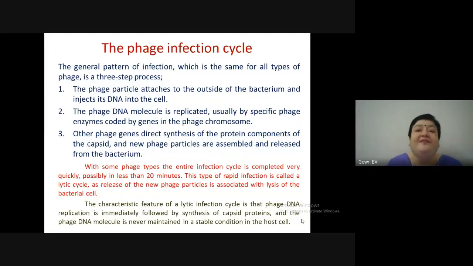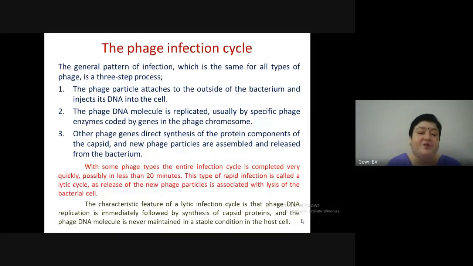The phage infection cycle. The general pattern of infection, which is the same for all types of phage, is a 3-step process. The phage particle attaches to the outside of the bacterium and injects its DNA into the cell. The phage DNA molecule is replicated usually by specific phage enzymes coded by genes in the phage chromosome. Other phage genes direct synthesis of the protein components of the capsid, and new phage particles are assembled and released from the bacterium.